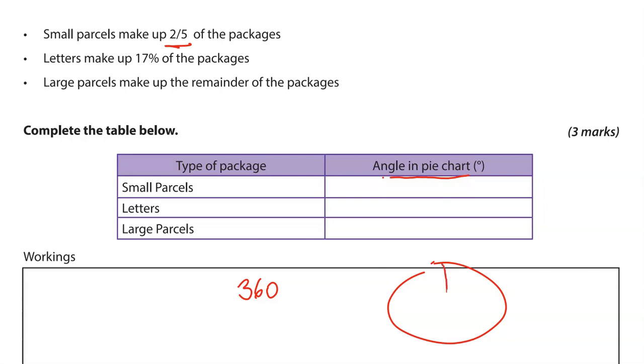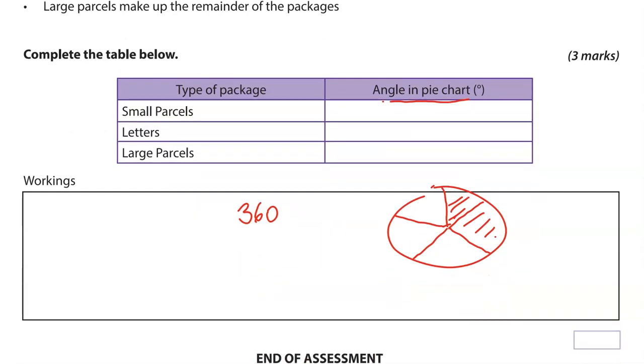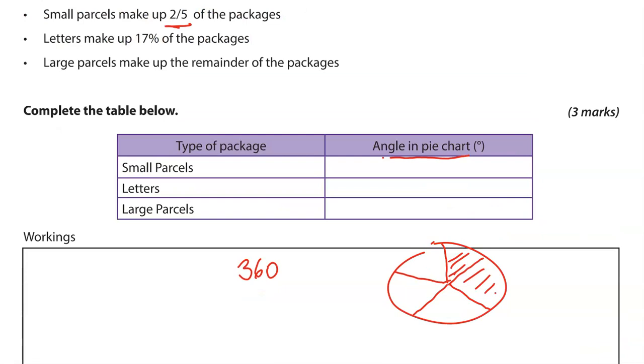So if I split this into 5 equal parts, 2 out of 5 will be making up small parcels. So if I now divide 360 by 5 to work out what one of these slices is equal to in terms of degrees, that will help me work out 2/5 when I then double it.